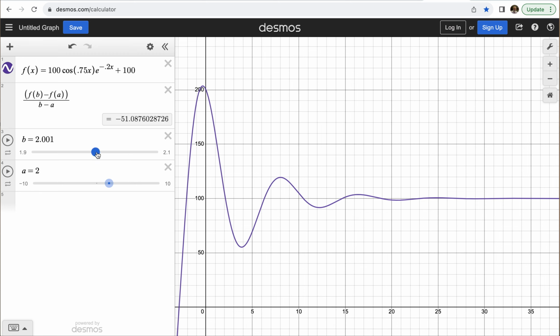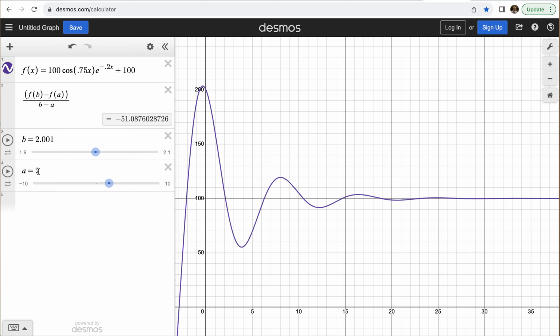If I go to 2.001, I get negative 51.08. So it's about negative 51. The height was in feet and the change in a and b was time, so I'm getting the change in feet over the change in time, or negative 51 feet per second. It's negative because they're falling, that's how fast they're falling.